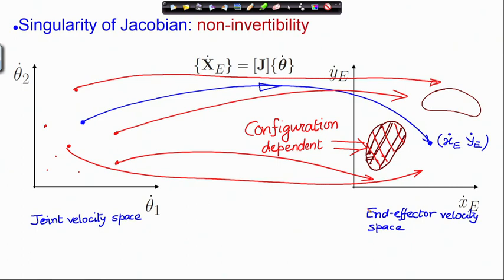So, under very special configurations known as singular configurations, we have these regions. So, only at singular configurations we have regions of non-attainability of end effector velocity.